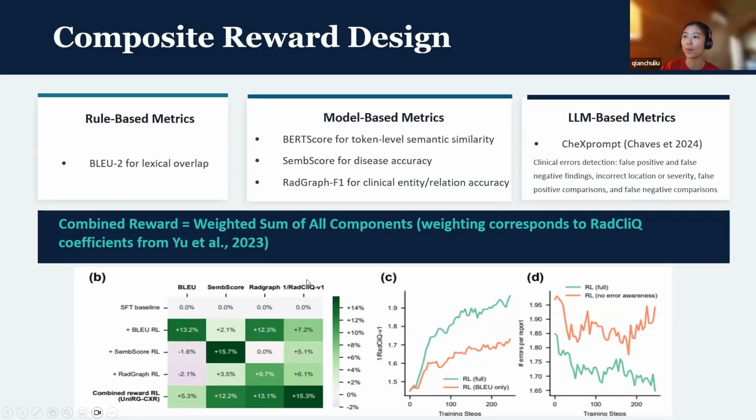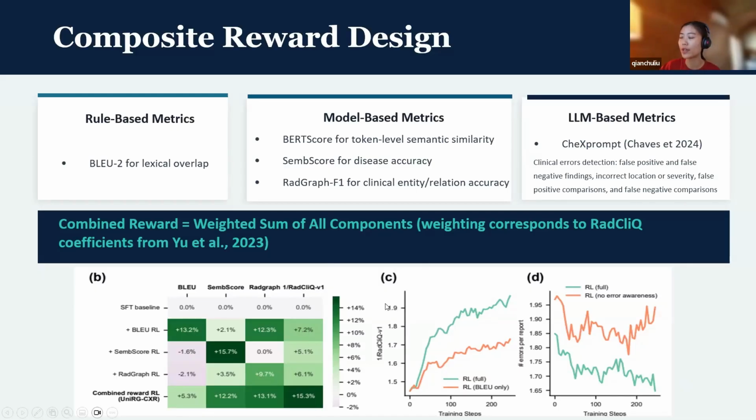Also, we care about the RadCliQ score as our final evaluation because it correlates the best with human judgment. So we want this RadCliQ score to be the best and to indicate the quality of the output, which is shown by the darkest color here.